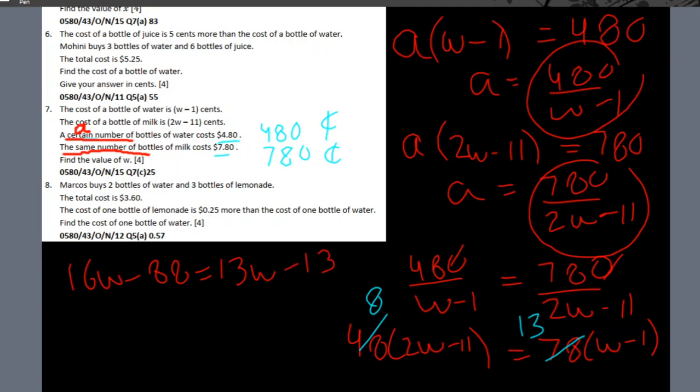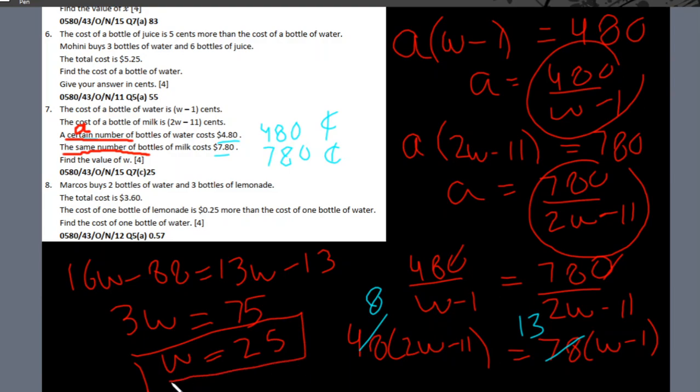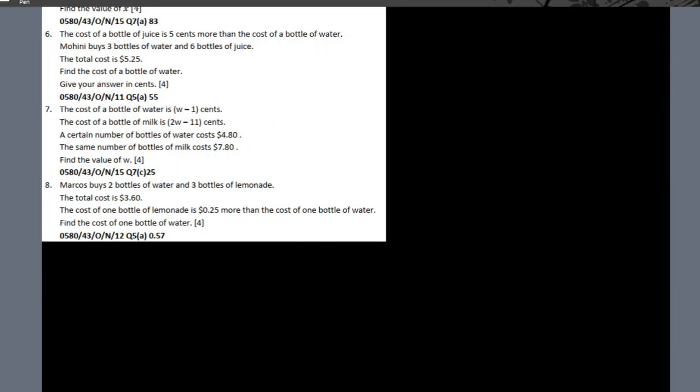So take 13 to the other side, I'll get 3W equals minus 13 plus 88, which gives me 75, and W equals 25. 75 over 3 is 25. Yes, this is the answer for question 7.